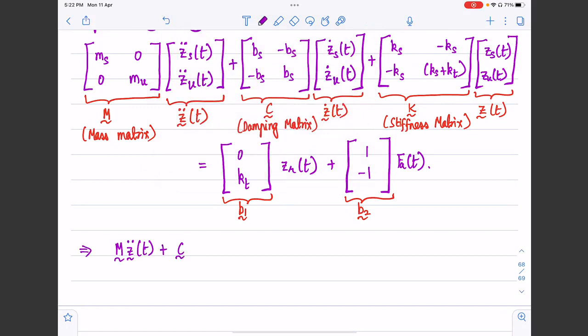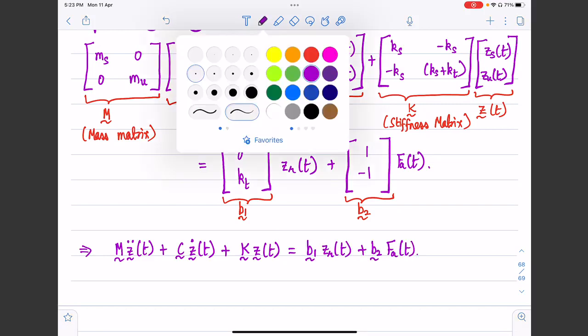This is the second order vector ODE. We are essentially rewriting this form: M times Z double dot plus C times Z dot plus K times Z, and that's going to be equal to B1 times ZR plus B2 times FA. So this is what we will have.